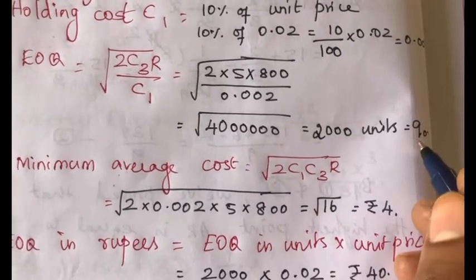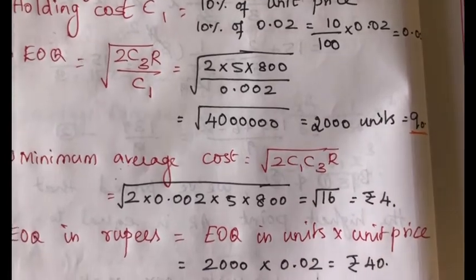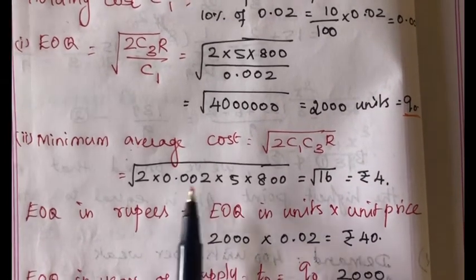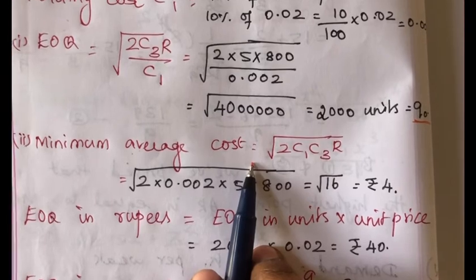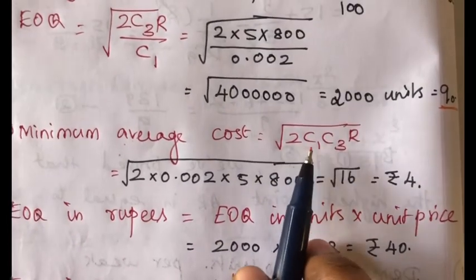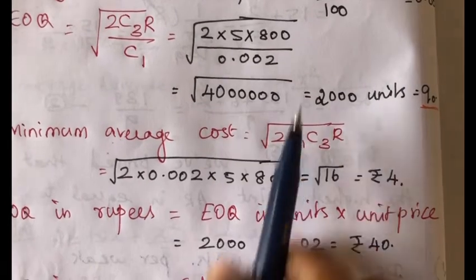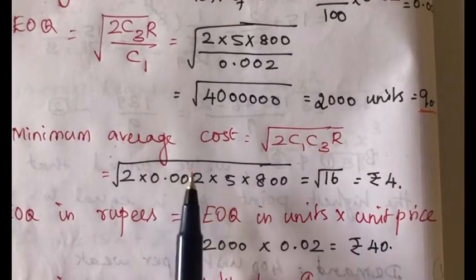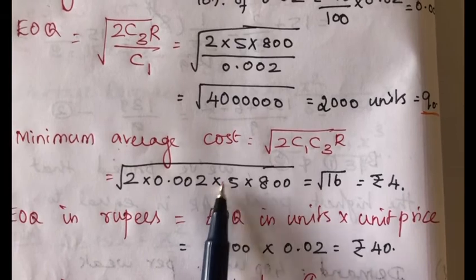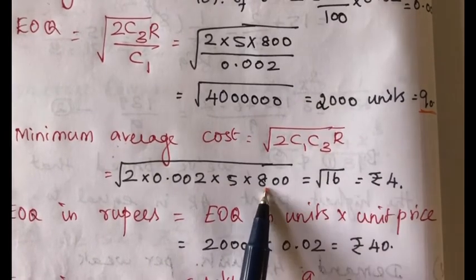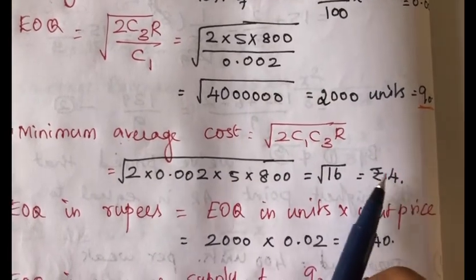We used to denote EOQ as Q0. Minimum average cost is square root of 2C1 C3R, square root of 2 into C1 0.002 into C3 is 5, R is 800 and its value is 4.